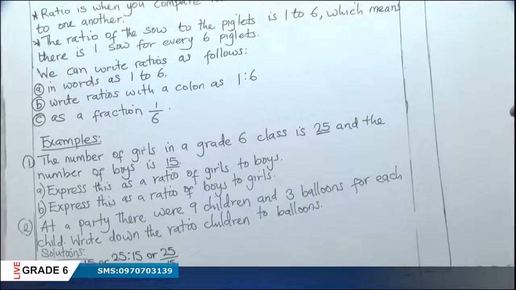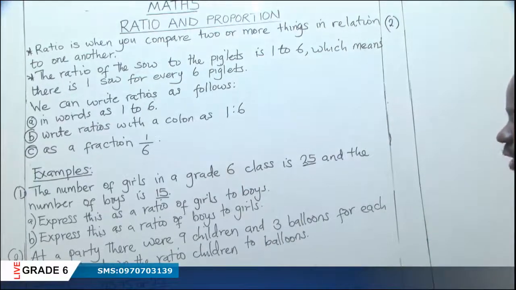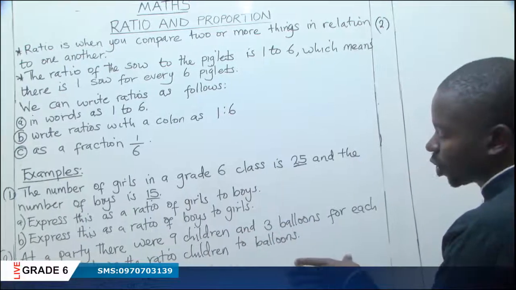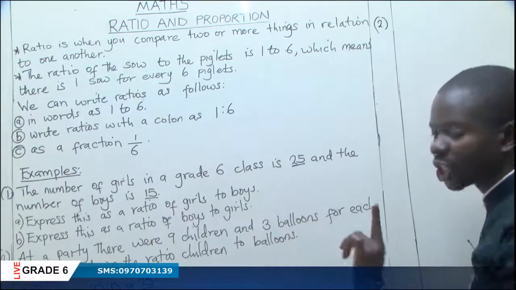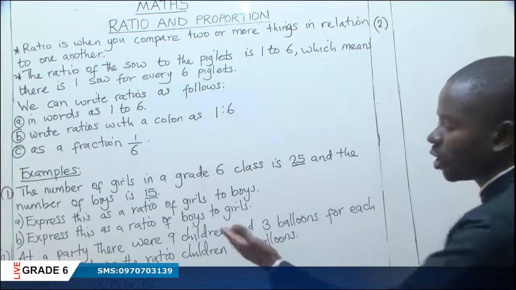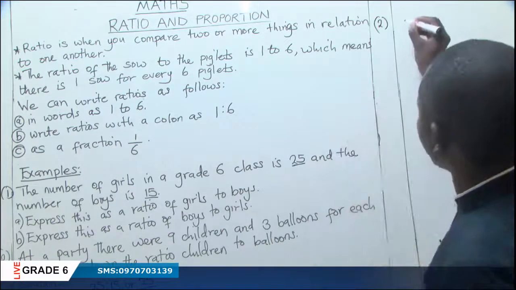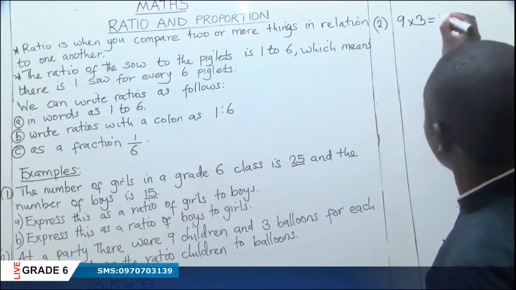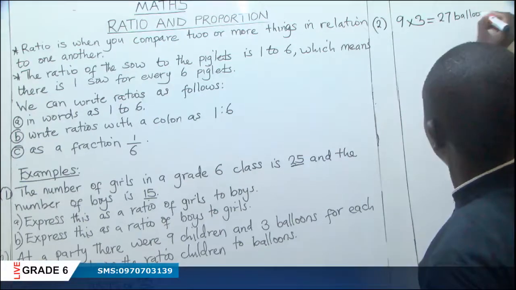So at a party there were 9 children and 3 balloons for each child. For us to find the total number of balloons for the 9 children, we need to multiply, because the number of balloons for one child is 3. So what about for 9 children? We multiply 9 times 3, and the answer is 27 balloons.